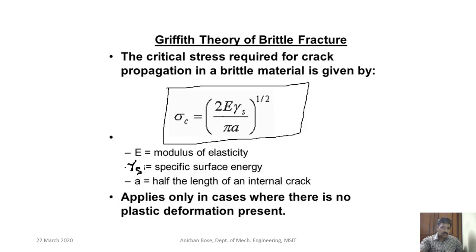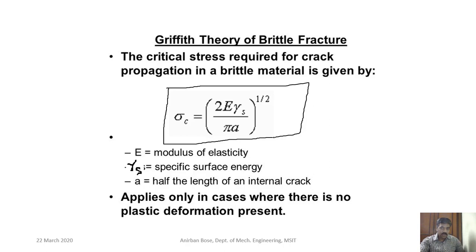Where is this coming from? It is basically the energy criterion, and from that energy criterion it can be derived that if the stress is more than the critical value, then the crack will propagate or become unstable, causing catastrophic failure of the material.